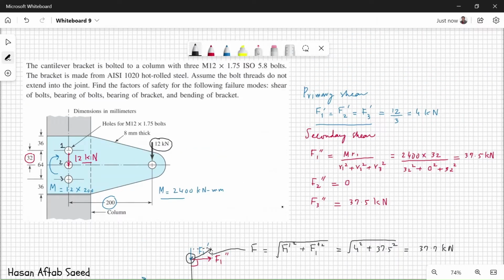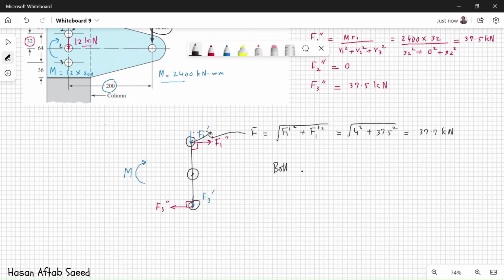Now we take up the first part of this question, shear of bolts. Let us first calculate the shear stress. Tau is simply shear force that we just calculated, this 37.7 divided by the area of shear.